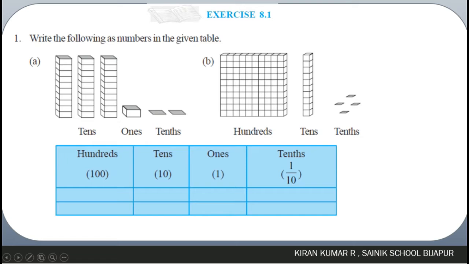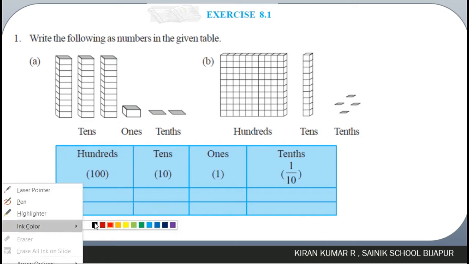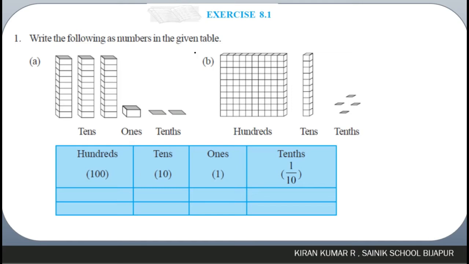The first question is to write the following numbers as how many hundreds, how many tens, how many ones, and how many tenths are there. Here this first slot will indicate tens.